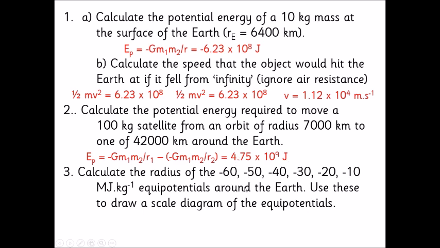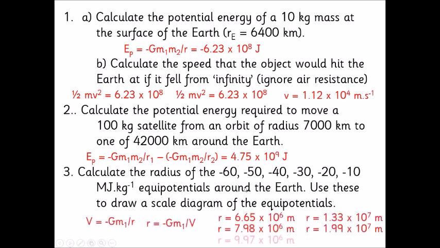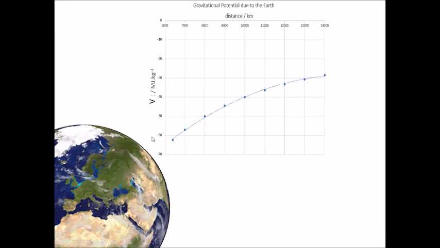Okay, the third question, we're just going to click on to a graphical representation of this, so I'll just show you that. This is equipotentials around the Earth, which is an important idea. Now this graph, remember, is not the same as the one at the start of this video. This is the gravitational potential in megajoules per kilogram. Here we are at the surface of the Earth at about minus 62.